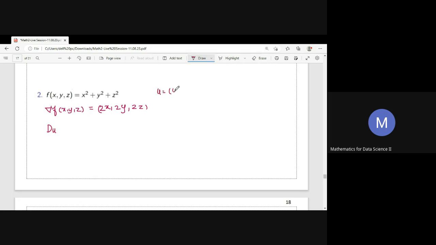Let's say u is u1, u2, u3. In that case, the directional derivative D_u f is simply del f dot u, which is 2x u1 plus 2y u2 plus 2z u3.